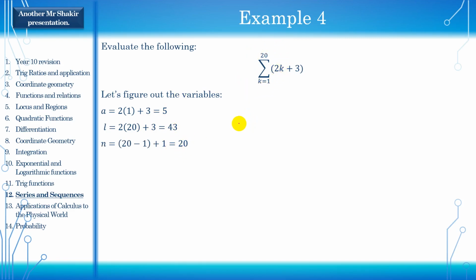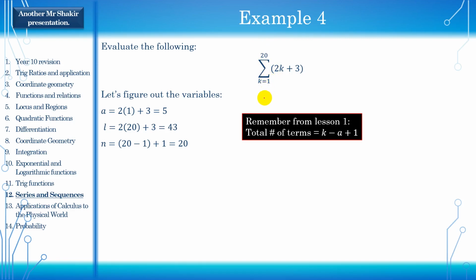Do note that there was a specific formula for finding the number of terms, and I did mention it in previous lessons. You do 20 minus 1 plus 1. You always do plus 1. So the last term minus the first term, 20 minus 1, and we add 1. Okay, so remember from lesson 1, total number of terms is equal to k minus a plus 1.